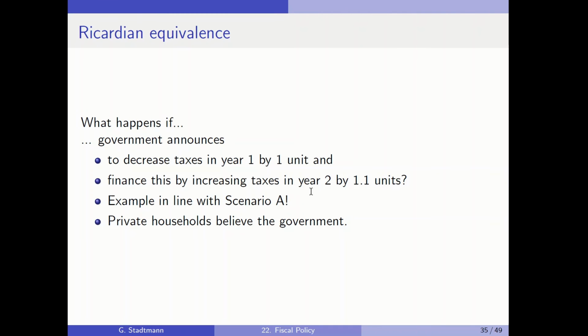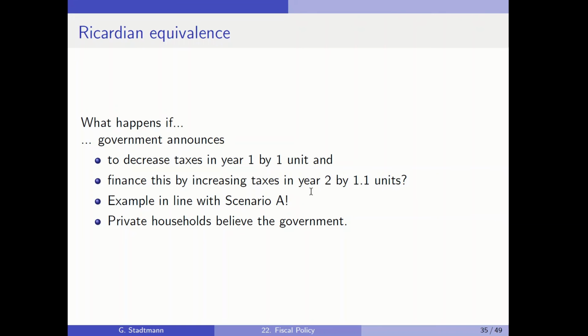So when the government announces and performs this kind of policies and decreases the taxes by 1 unit in year 1, the private household will save the money, will not consume it, so that the private household is able to pay the taxes in year 2, to pay the taxes of 1 unit plus the interest rate R. So it is the case that when the private household anticipates this behavior or believes the announcement of the government, this kind of policy does not affect the real economy at all.